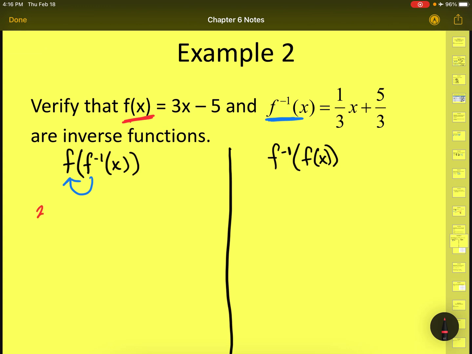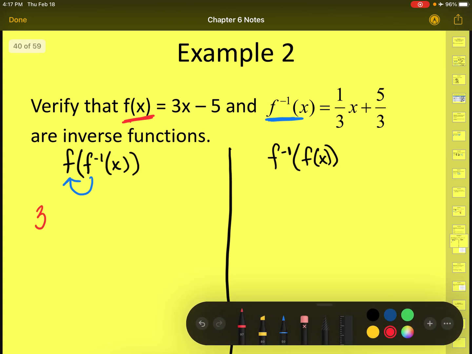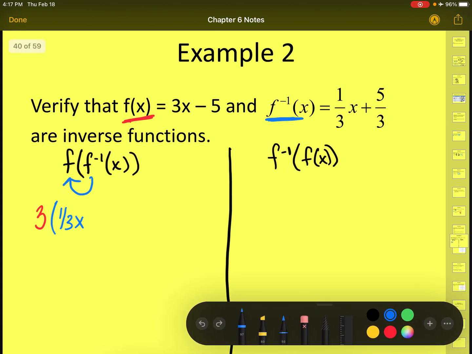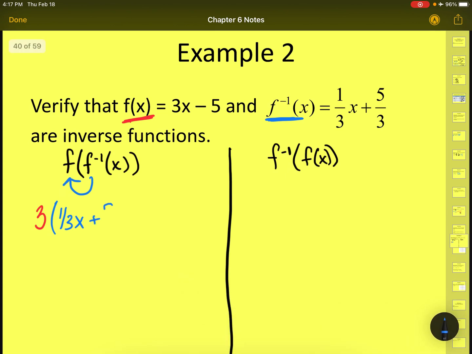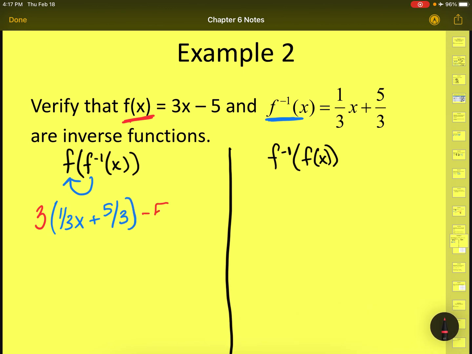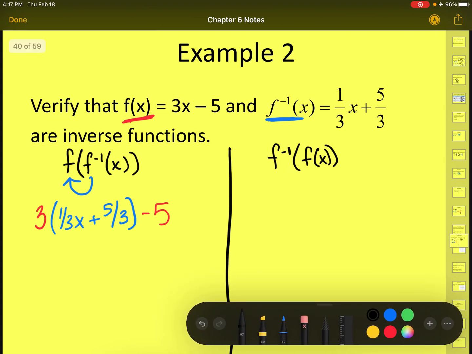Function f starts with the 3, and instead of x, we're filling it in with the inverse, which is 1/3 x plus 5/3. So we fill that in for x, but we can't forget to subtract 5 because that was part of function f. And now what we're going to do is distribute.